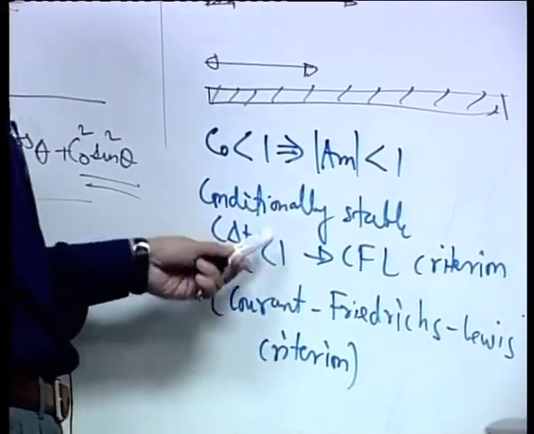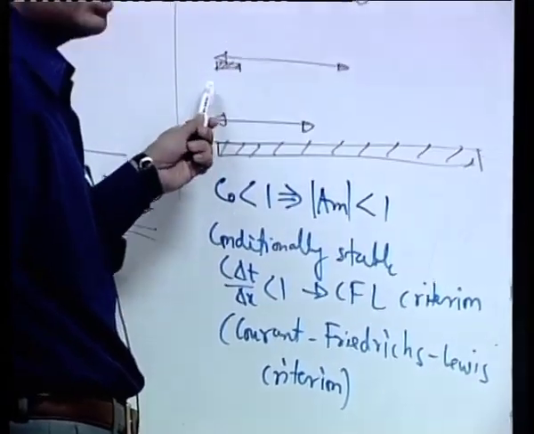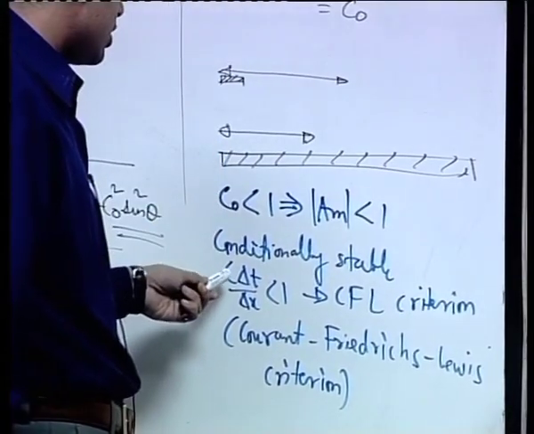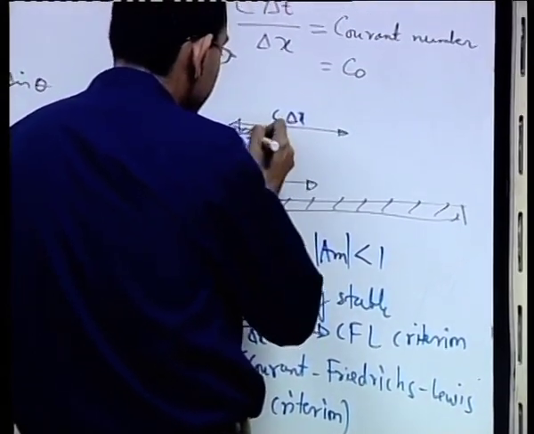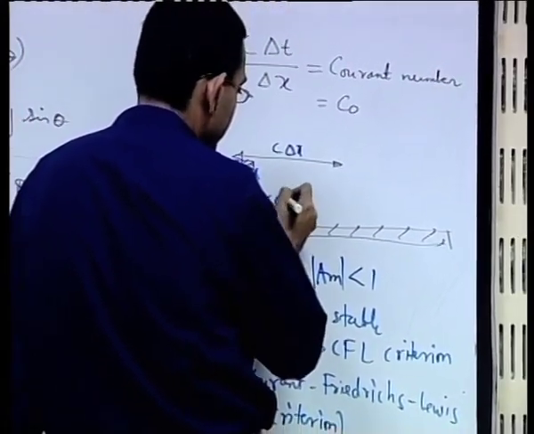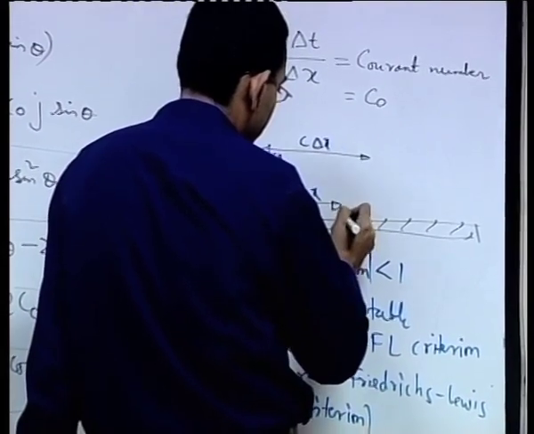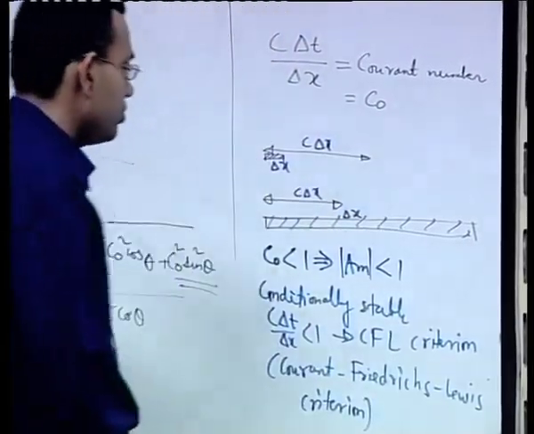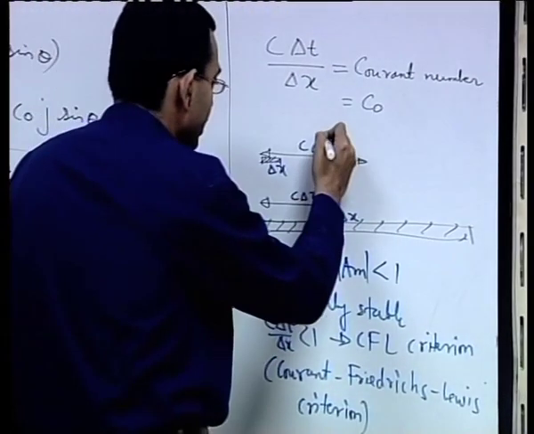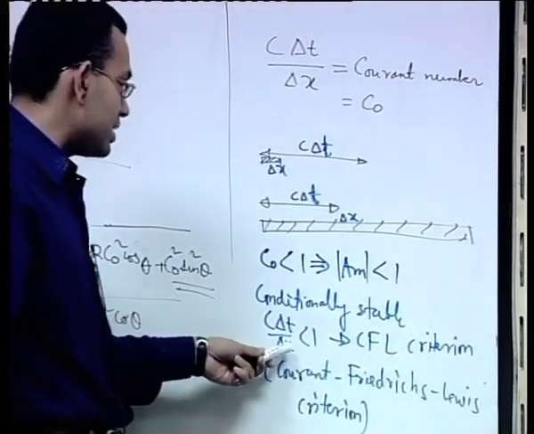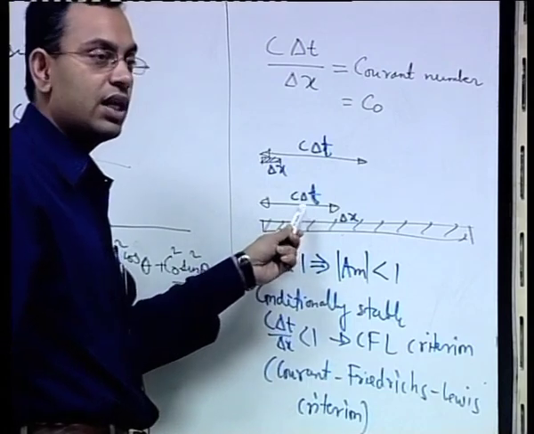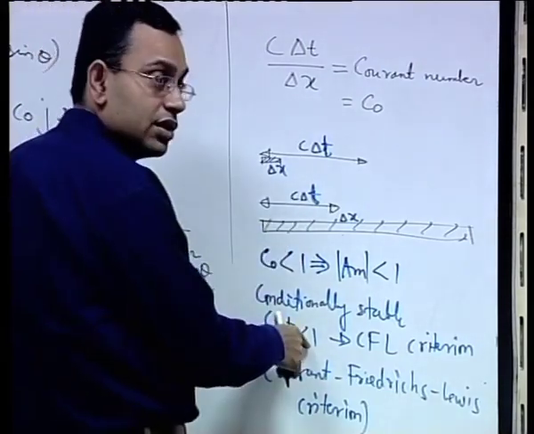So, now let us compare these two cases. C into delta t is this much and this is delta x. So, what you expect is that delta x is greater than C into delta t for stability.